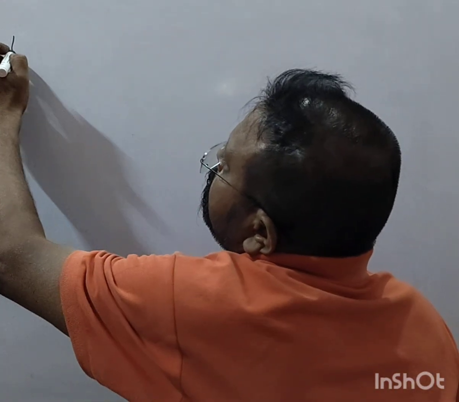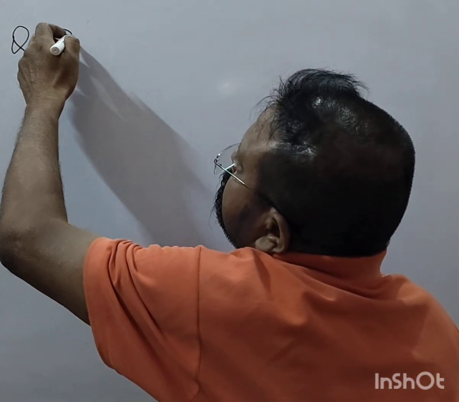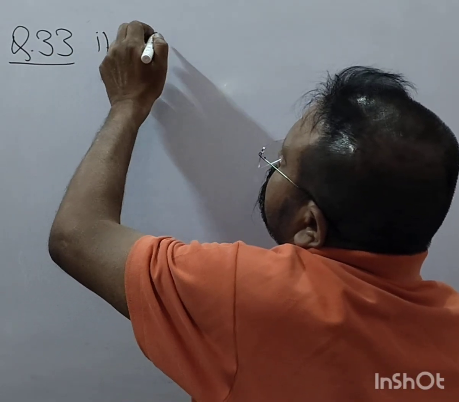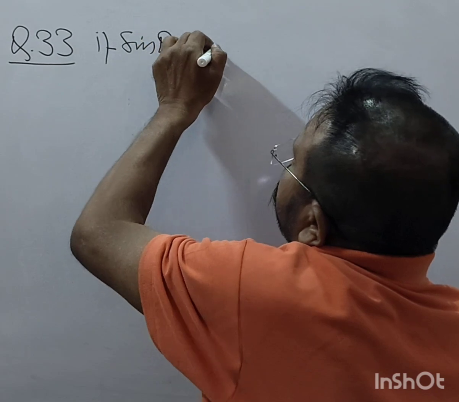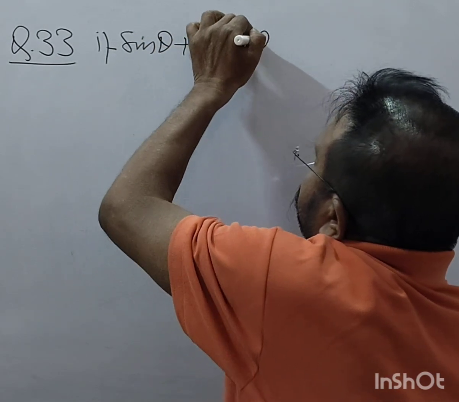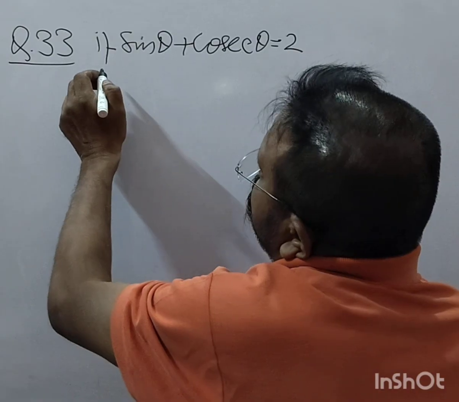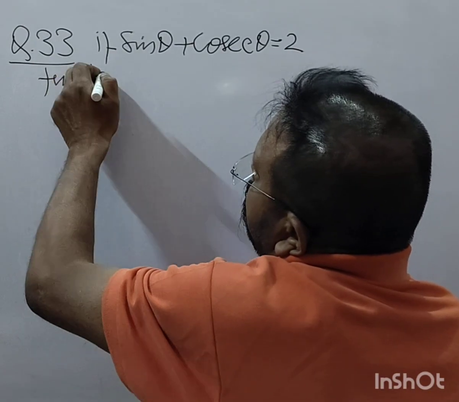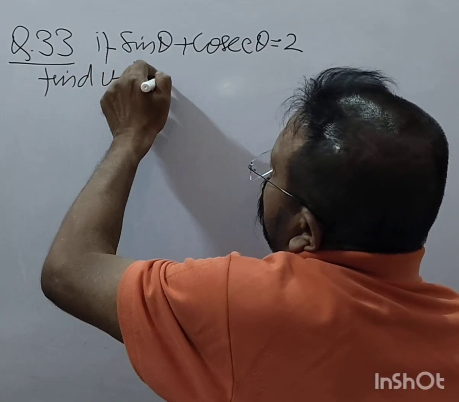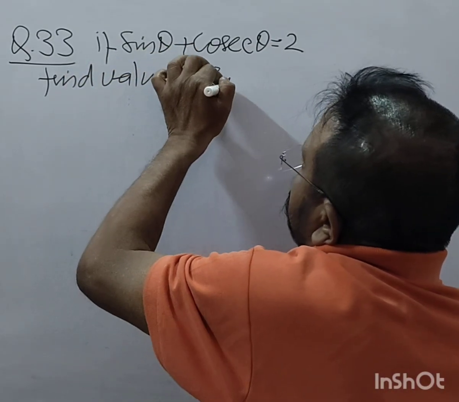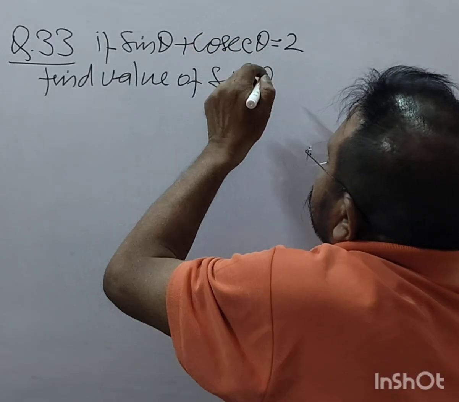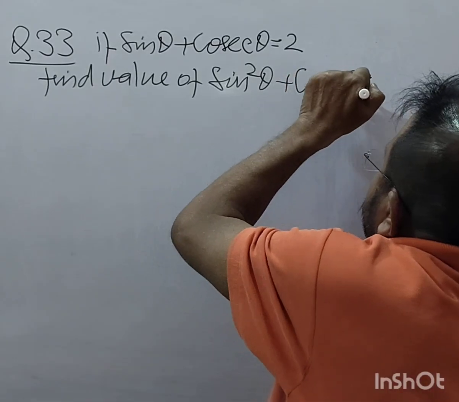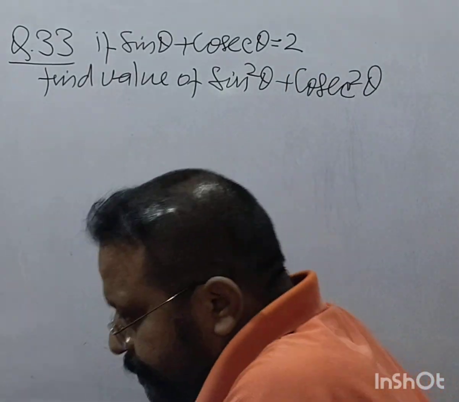If sin theta plus cosec theta is equal to 2, find the value of sin square theta plus cosec square theta.